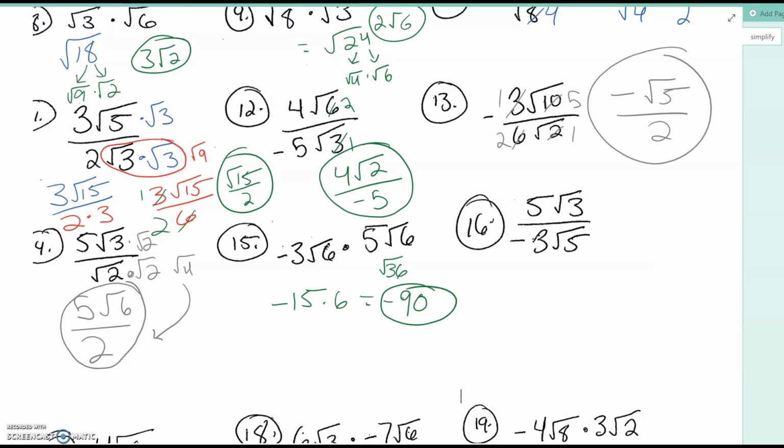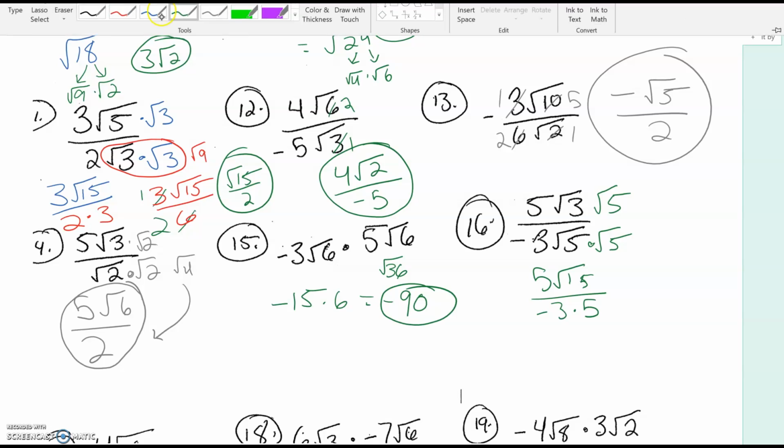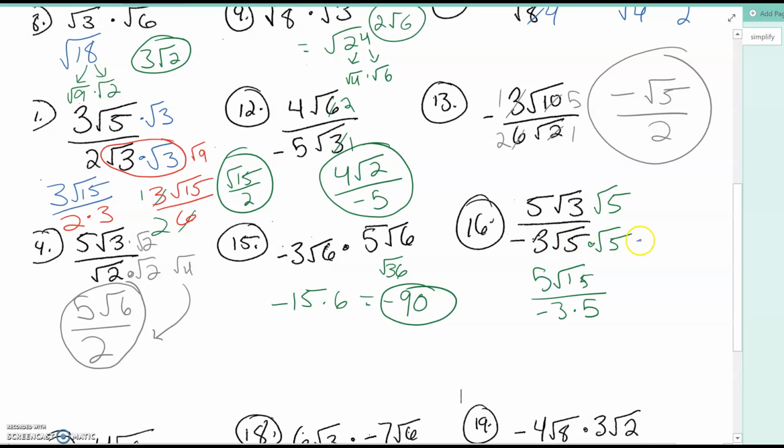All right. Top and bottom here. Square root of 5, square root of 5, because I can't simplify anything. So I'd have 5 square root of 15 over negative 3 times 5, because this turns into square root of 25, which is just 5.